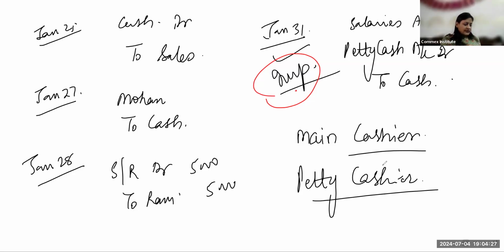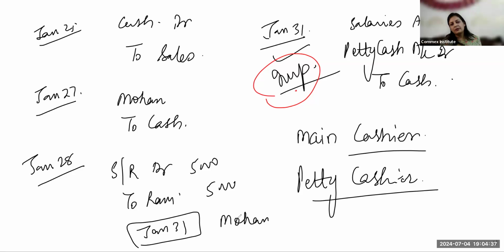So the last entry of Jan 31 would be Mohan to purchase return, by the amount of 3,000. 5% of the goods supplied by Mohan, and he had supplied 60,000.